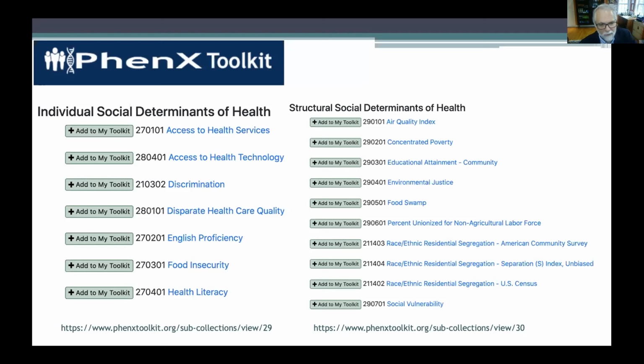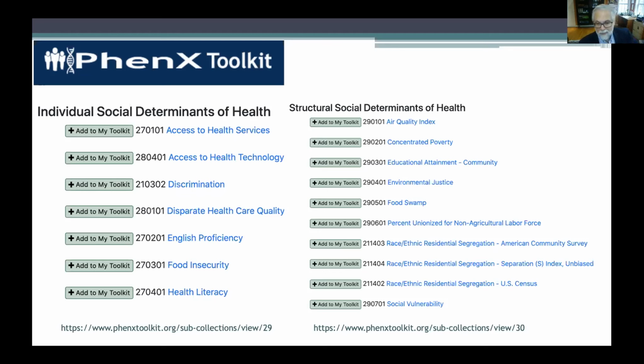Each person, you're answering with the unit of analysis being the person. That's the unit of data gathering, I mean. And then the structural ones are more macro and meso level forces. You can see here, for example, concentrated poverty refers to how much poverty there is in the neighborhood that the person lives in. So there are different community level, neighborhood level, social determinants that can also be used.